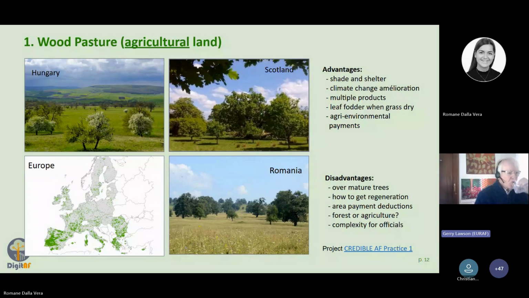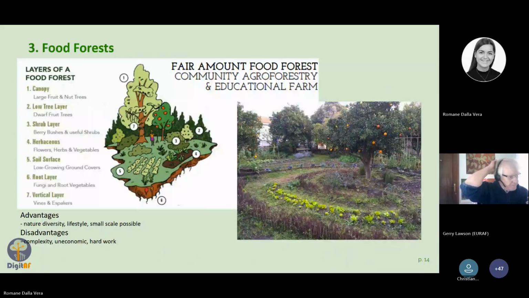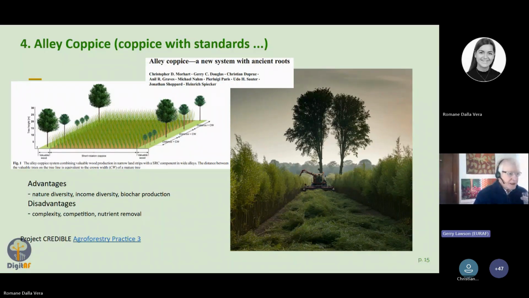Next slide. So alley cropping, growing crops between lines of trees, crops growing within the alleys. Next slide. Next slide is food forests, which can actually be on agricultural land or forest land. Next slide. Next slide is alley coppice.